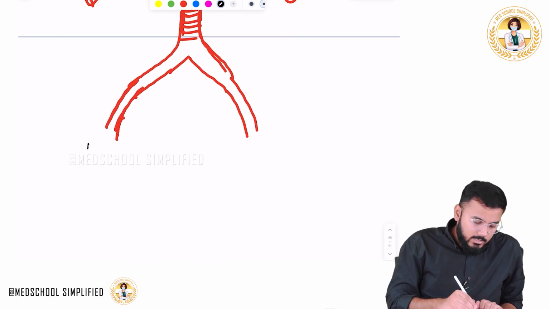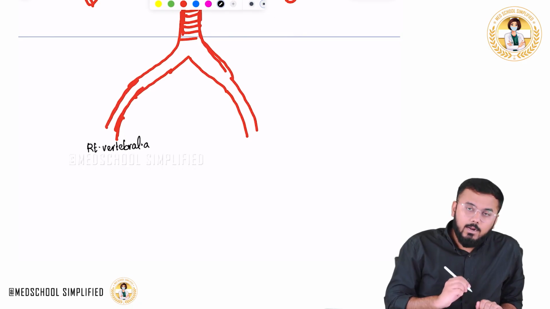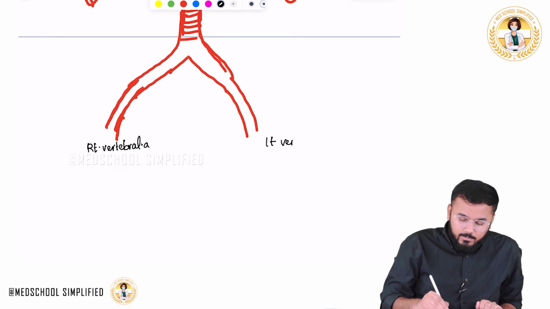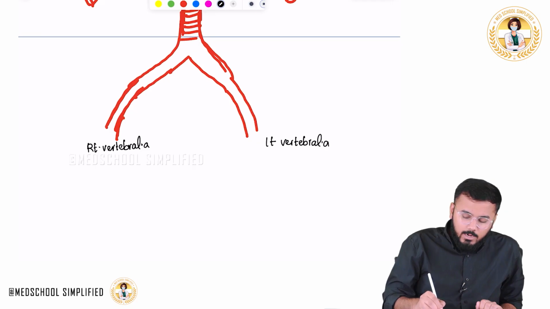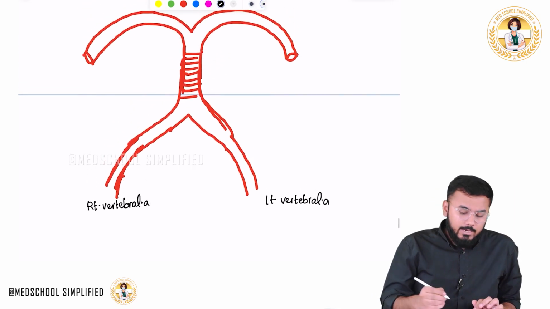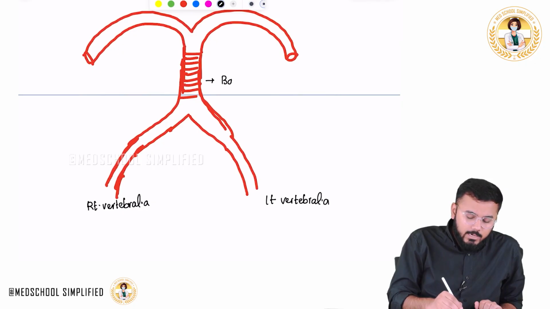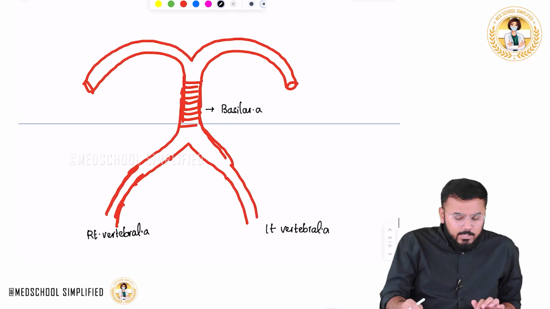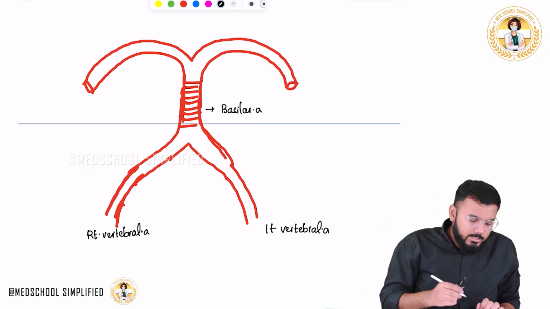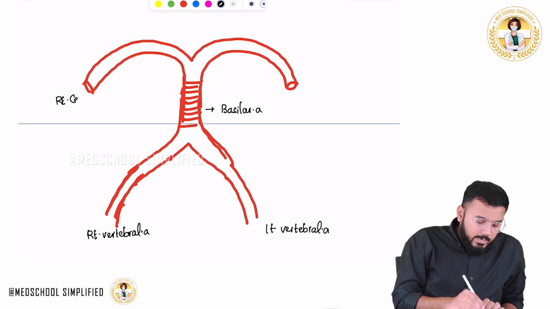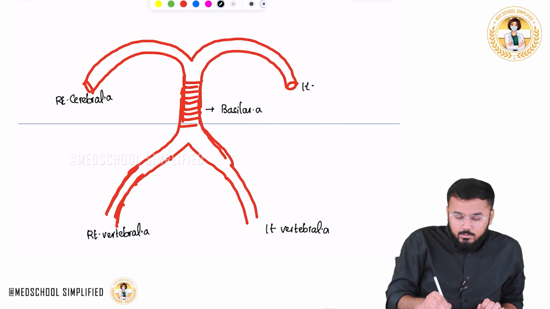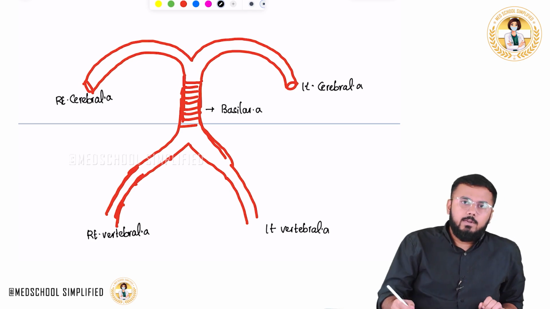So this is your right vertebral artery, this is your left vertebral artery. Right and left vertebral arteries together join to form the basilar artery. This basilar artery will divide into two branches: the right cerebral artery and the left cerebral artery.